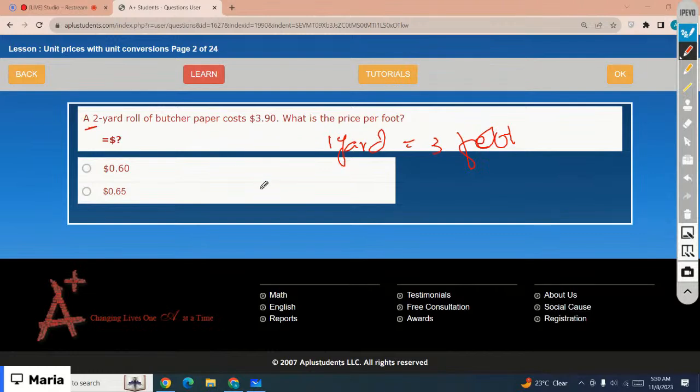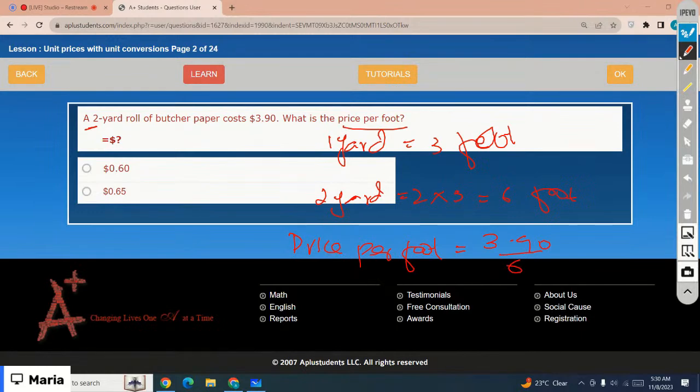So first, 2 yards equal 2 times 3, 6 feet. So price per foot is 3.90 divided by 6.